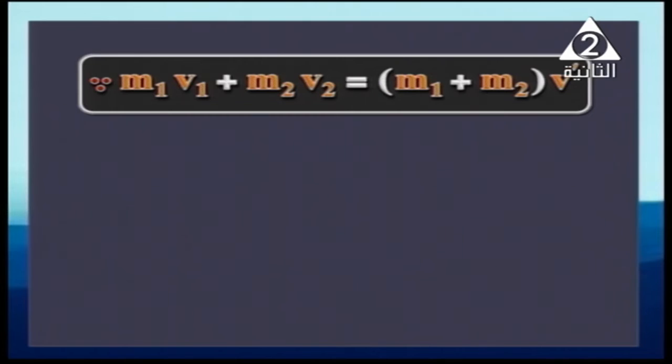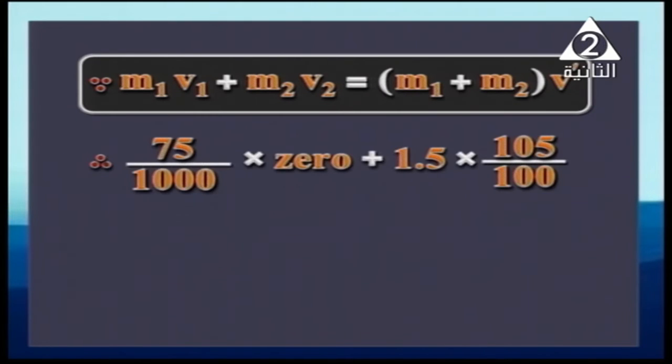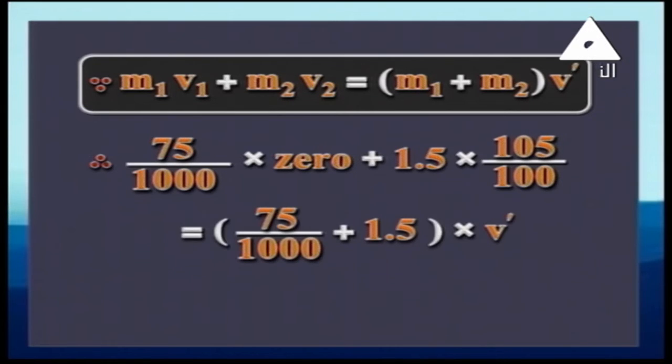My dear student, by substitution: 75 over 1000 to convert to kilogram, multiplied by 0, plus 1.5 times 105 over 100 equals 75 over 1000 plus 1.5, the sum of the two masses, multiplied by V dash.